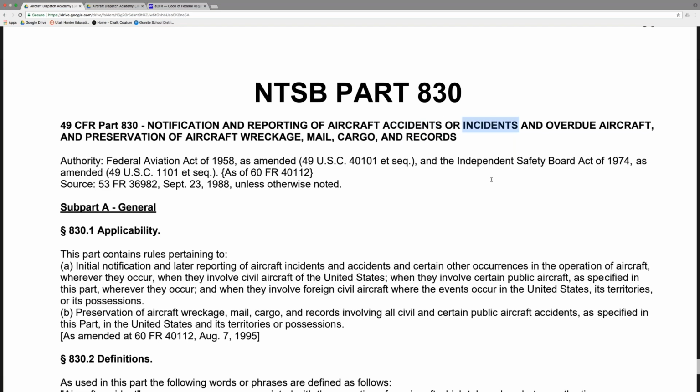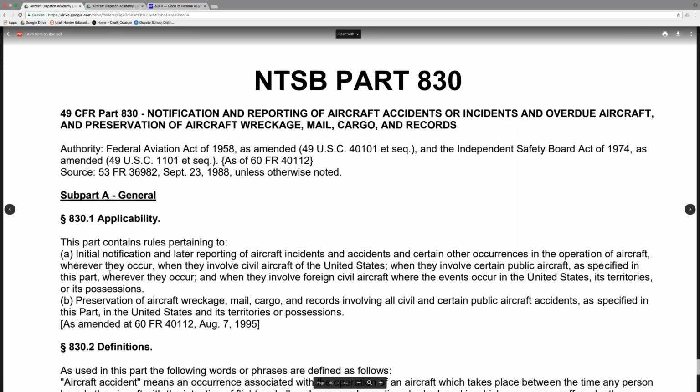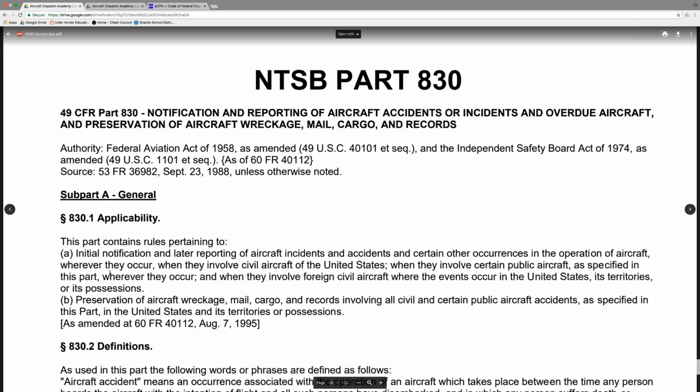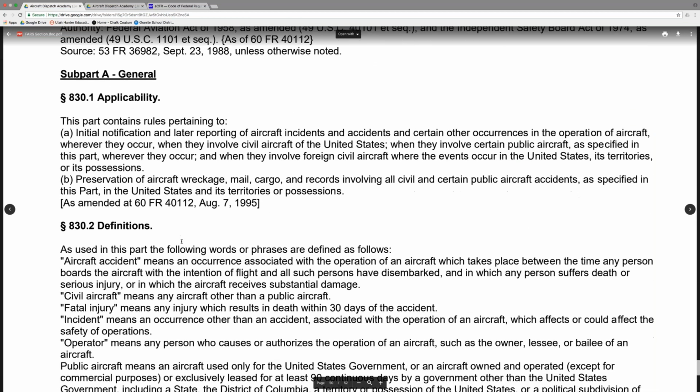What is an incident, and what qualifies an incident? It's going to define what an overdue aircraft is. You guys heard me say overdue aircraft before, so this is where we find those definitions and what we're required to do when we encounter these problems. Okay.